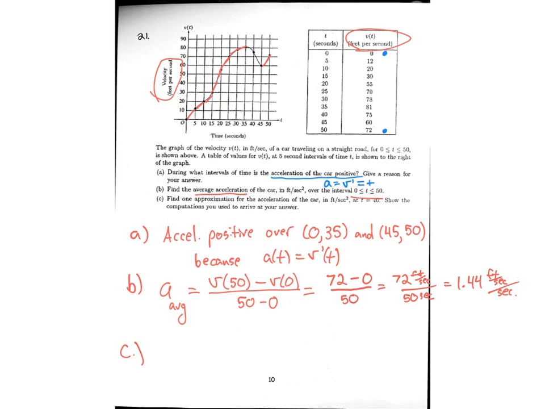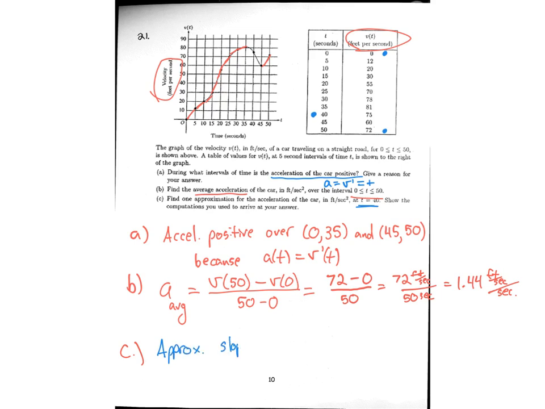And our last part, find one approximation for the acceleration of the car at time t equals 40. So at time t equals 40 is right there, and because the acceleration is the slope, what I want to do is approximate the slope at t equals 40.